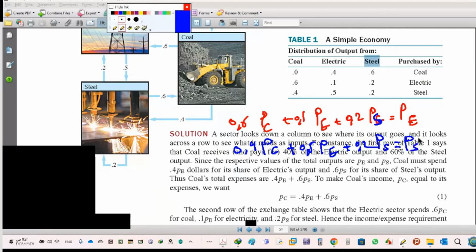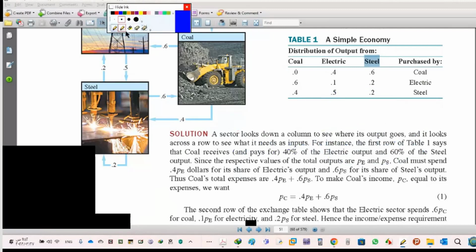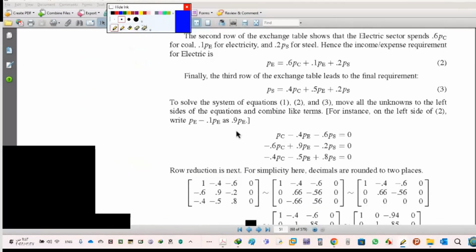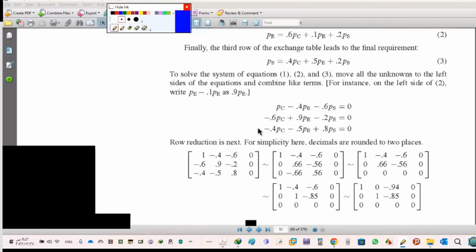After that, we have B steel here and B electric here, and we move them to the other side and turn these into homogeneous equations.